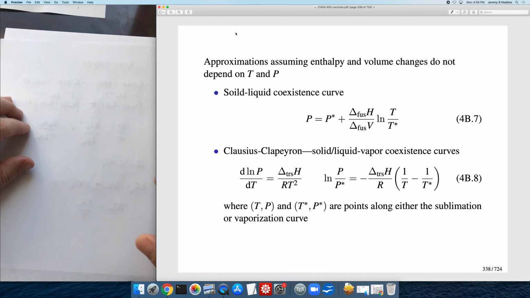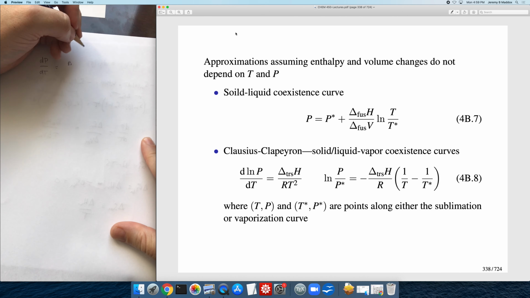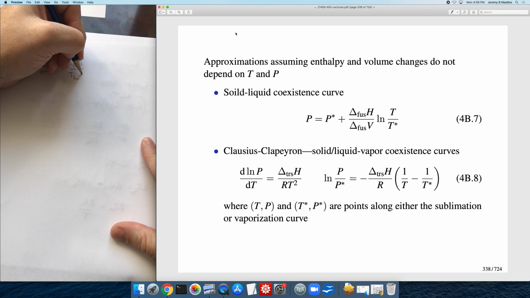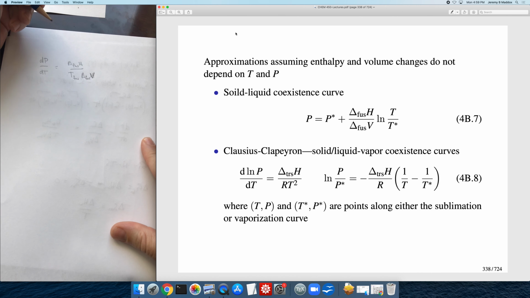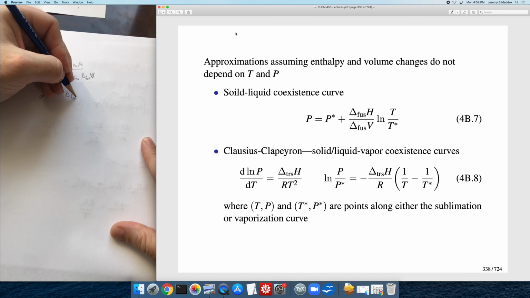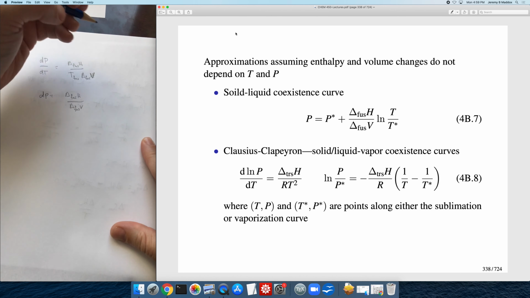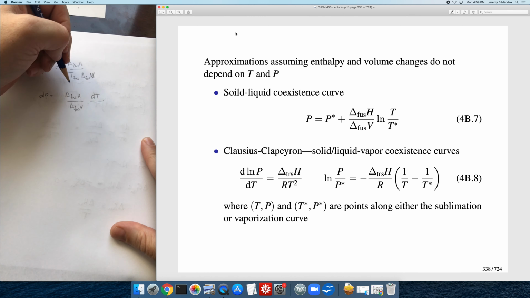Let me just show you where they come from. So we have dP over dT equals delta H. Let's do this for fusion. T fusion. And then we would have delta V for fusion. So we can rearrange this equation, and we'll write dP equals delta fusion H over delta fusion V, and then we'll have dT over, we'll just call it T for now.